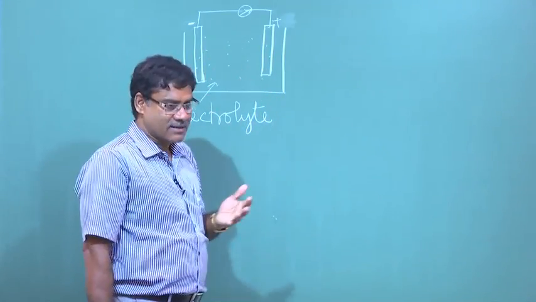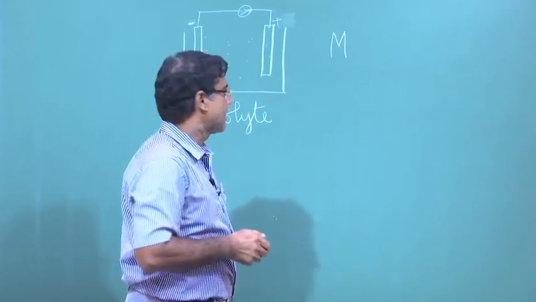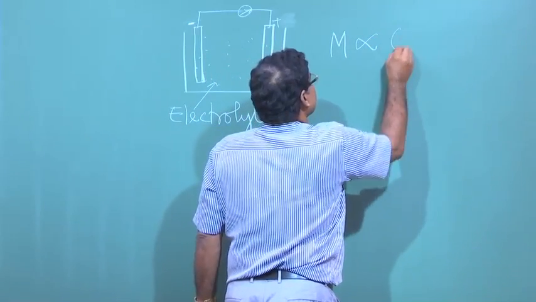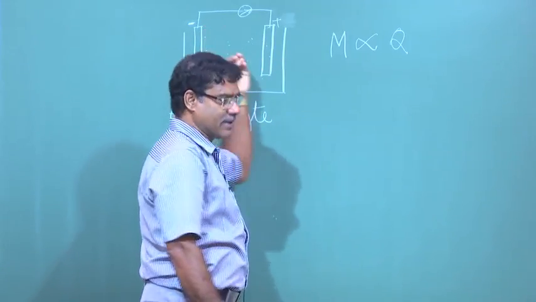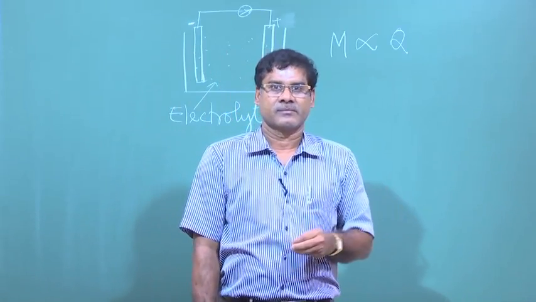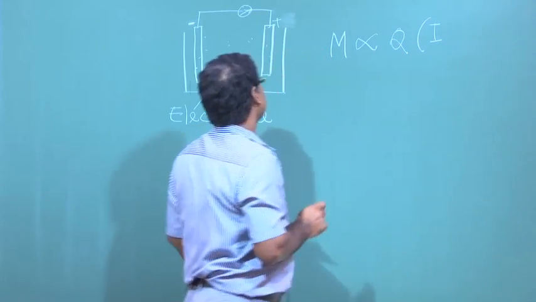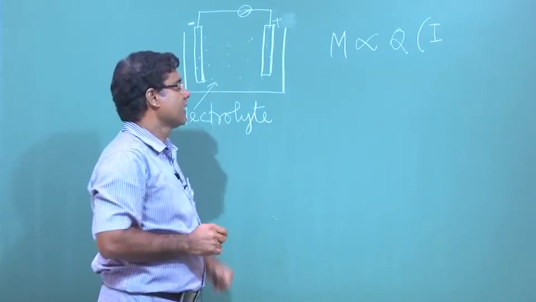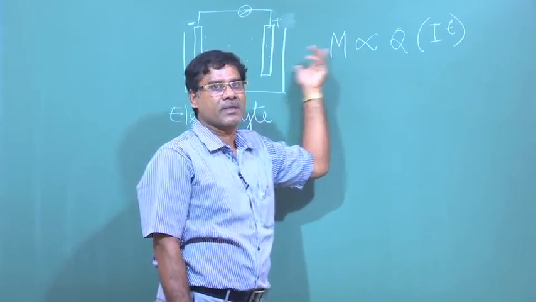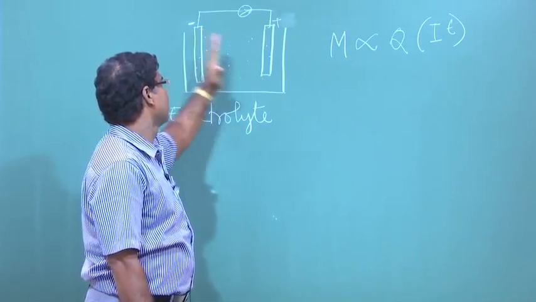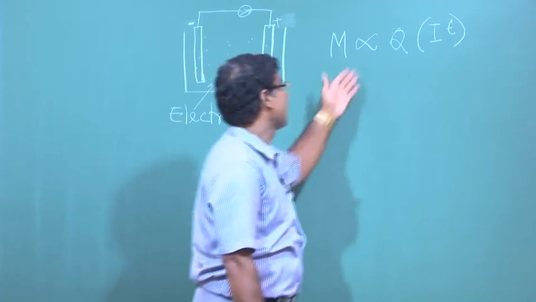So the mass of the substance deposited on the electrode, say m, is proportional to the electricity Q. If current passes through the electrolyte for a time t, the mass deposited is proportional to the current and proportional to the time.